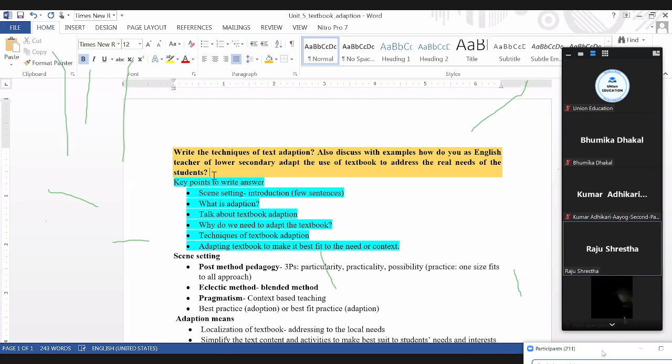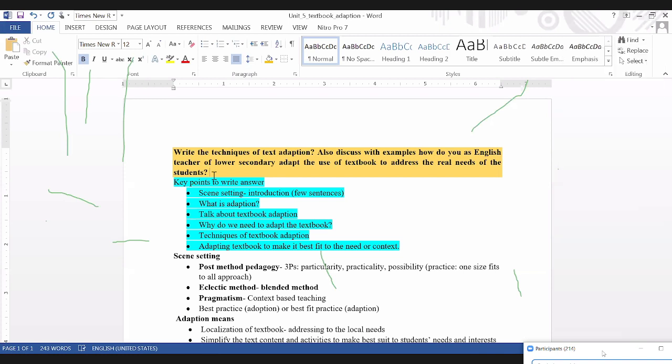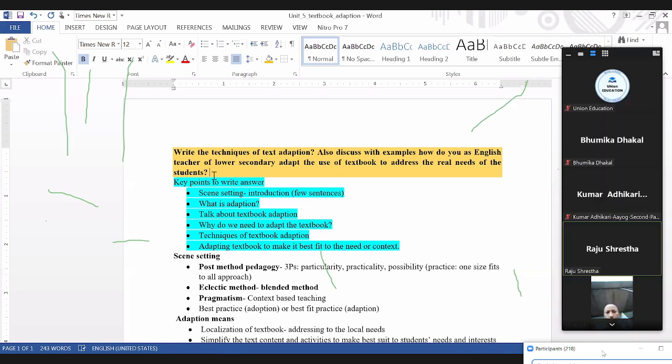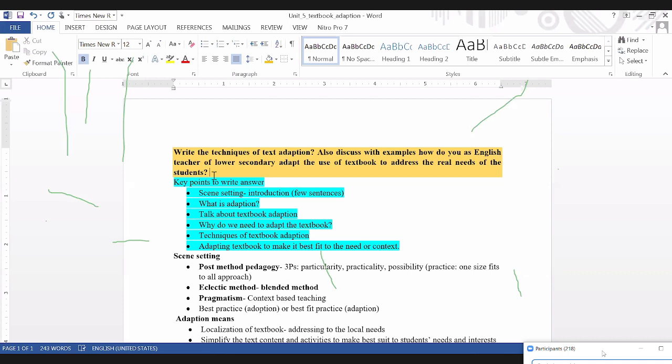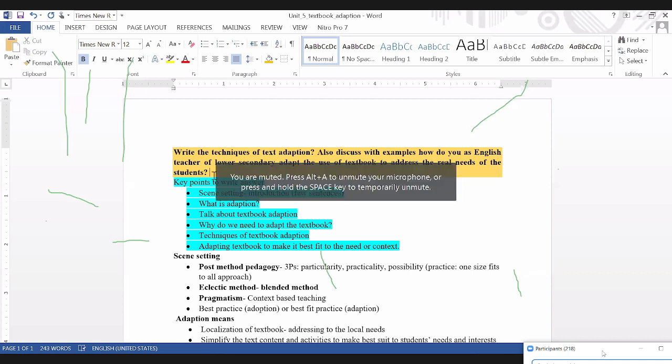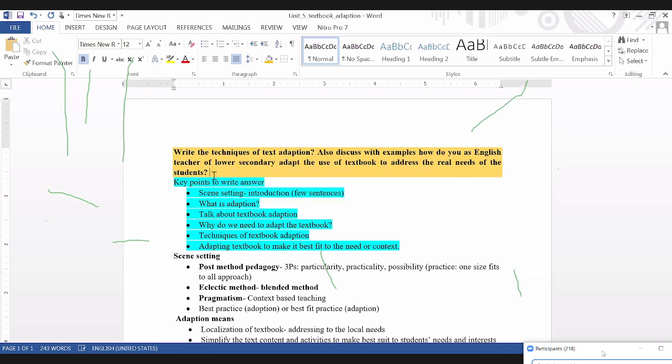And we also said that the textbook is just one tool, one means to deliver the objectives of the curriculum. So curriculum and textbook have this kind of relationship: curriculum is the policy document, and the textbook is the tool to implement the objectives of the curriculum.